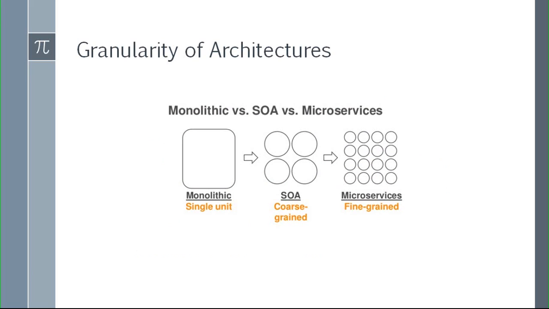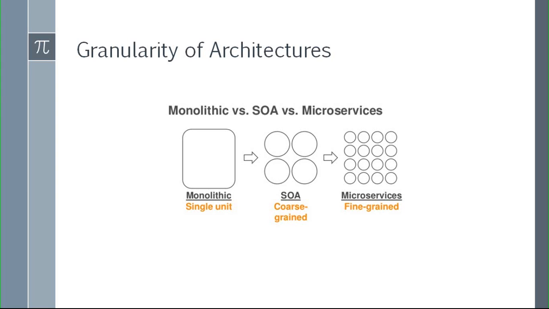A monolithic system is a single unit, all things in one place. In SOA, you divide the monolith into some services. That is a coarse-grained architecture. But in microservice architecture, you divide it into more microservices. We call it fine-grained.